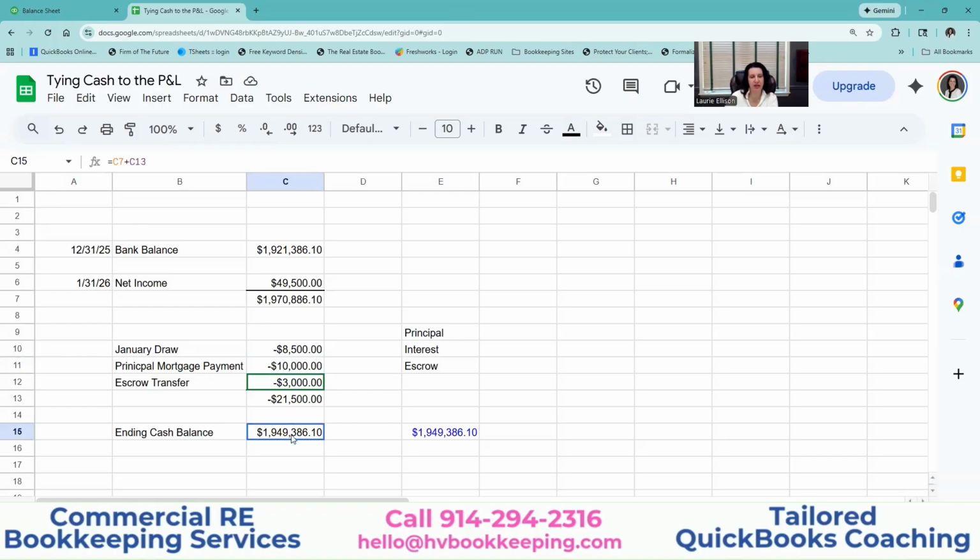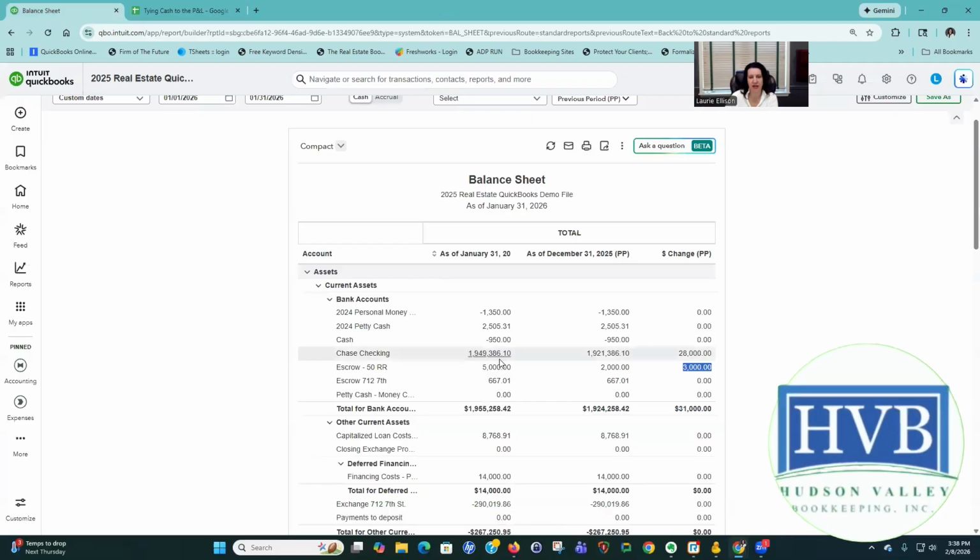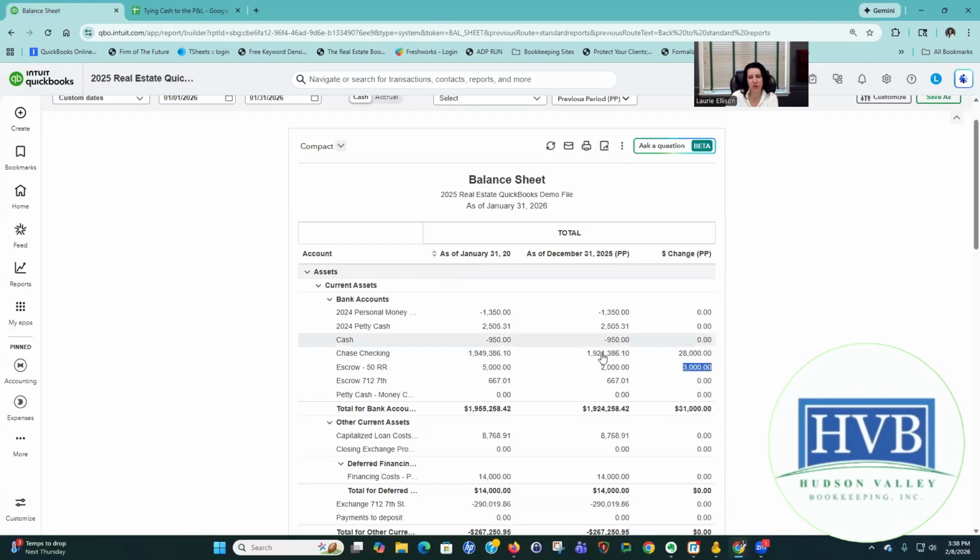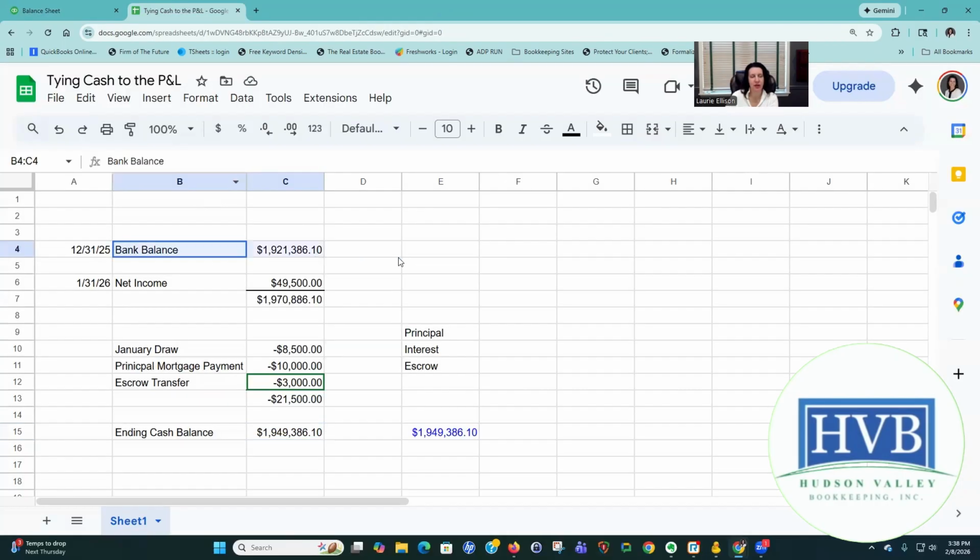And then you would have an ending cash balance of 1,949. And that's actually what we have, 1,949. And so you can see here, this 1,921, that was my balance as of December 31st. That's my starting point. So if you take this into consideration, it can really help you understand your cash flow.